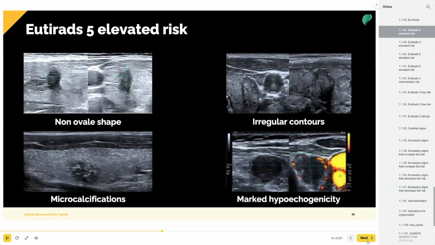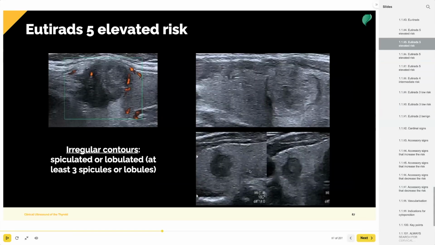We have irregular contours in this image, and in this image we can see that the nodule is hypoechoic compared to the rest of the thyroid. This is another sign of elevated risk. It would be irregular contours or borders. So this is a nodule here, and the borders are irregular.